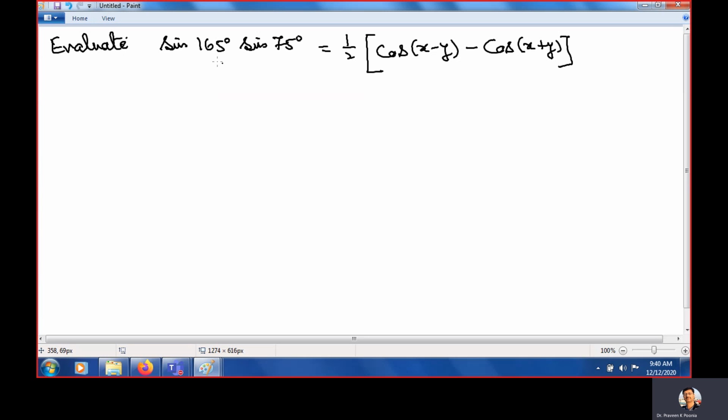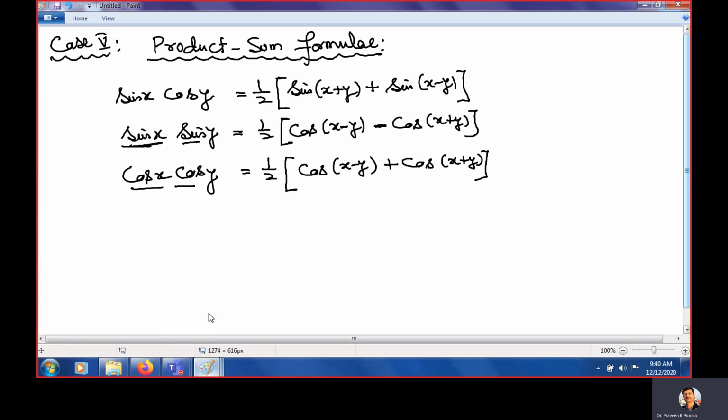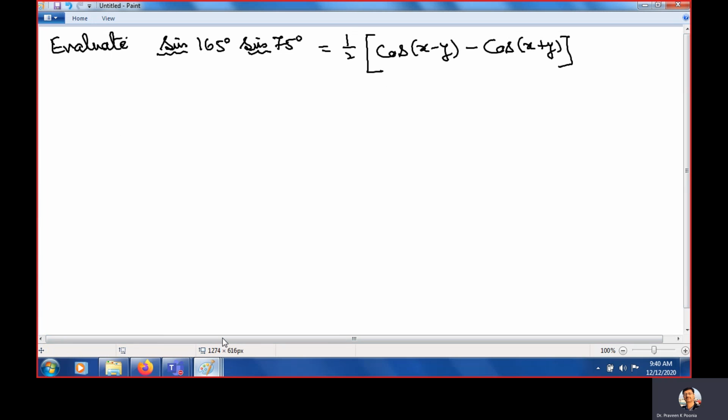You need to just think what is sine. And if you go to the previous slide, sine sine means cos(x minus y) minus cos(x plus y). This you need to remember.